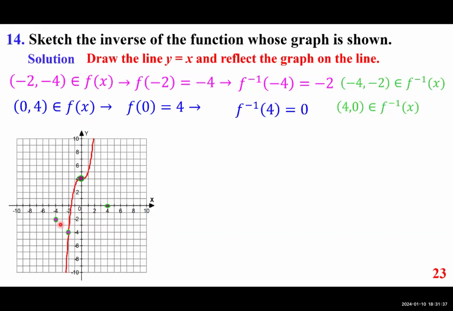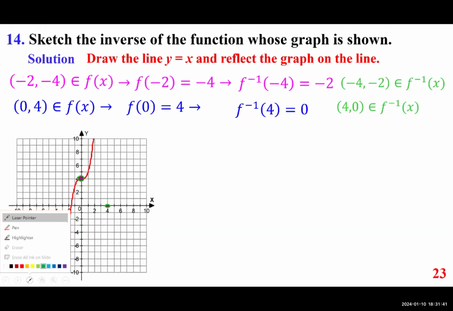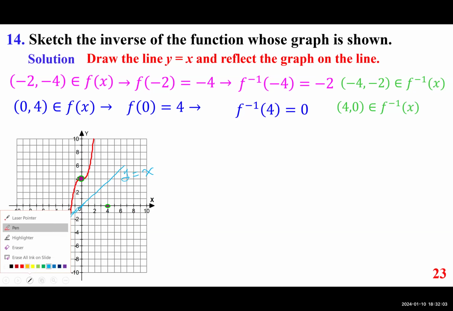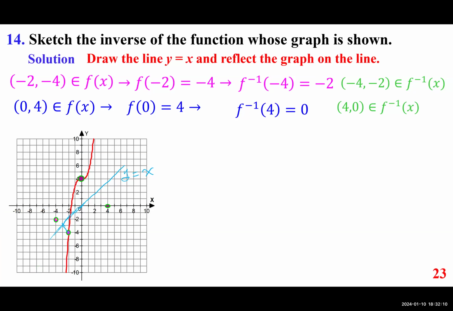So corresponding, see, if we have this line, okay, this line y equals x. The idea is that, by the way, this distance is the same as this distance, okay?